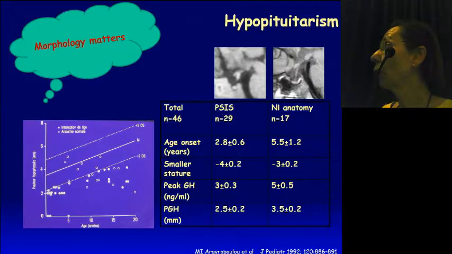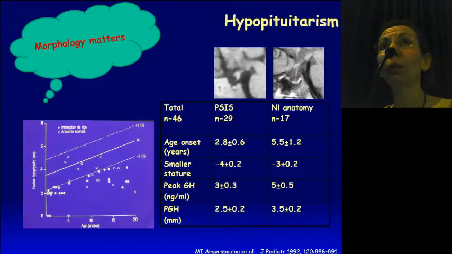The peak of growth hormone is lower compared to the others, so they need replacement therapy anyway. But the problem is that they are not responding enough to this replacement therapy. And of course, concerning our findings, the pituitary gland height is smaller compared to those with normal anatomy.